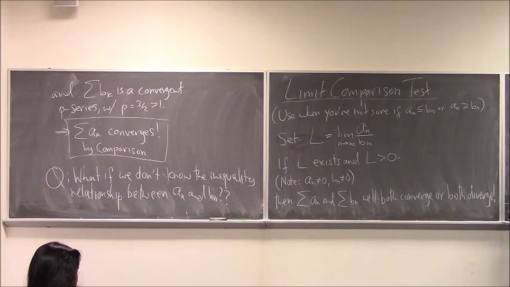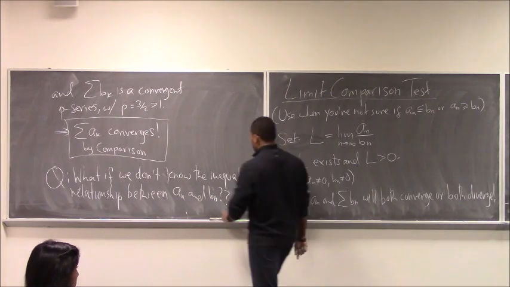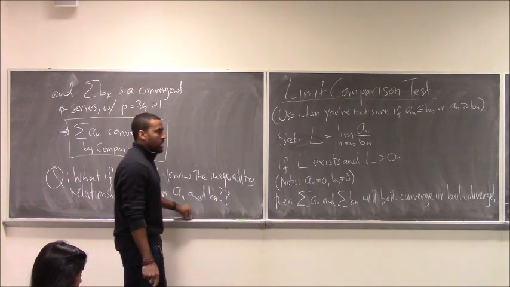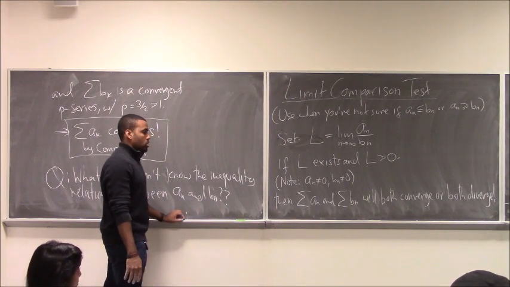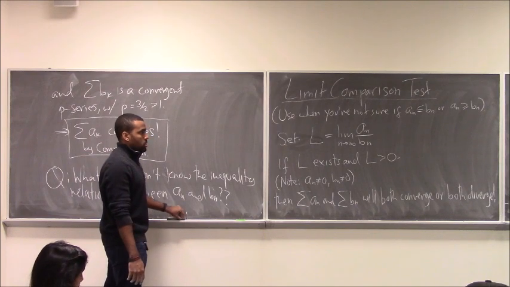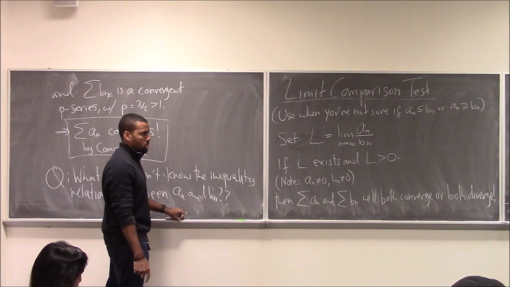They'll both do the same thing. Once you take their ratio and let the limit go to infinity, if you get a number, it basically means that one is a constant times the other, or behaves like a constant times the other. So if one diverges, the other one's automatically going to diverge. If one converges, the other one's going to converge.